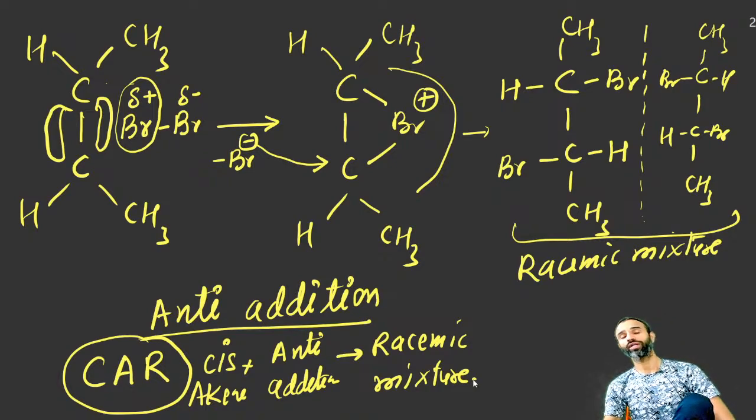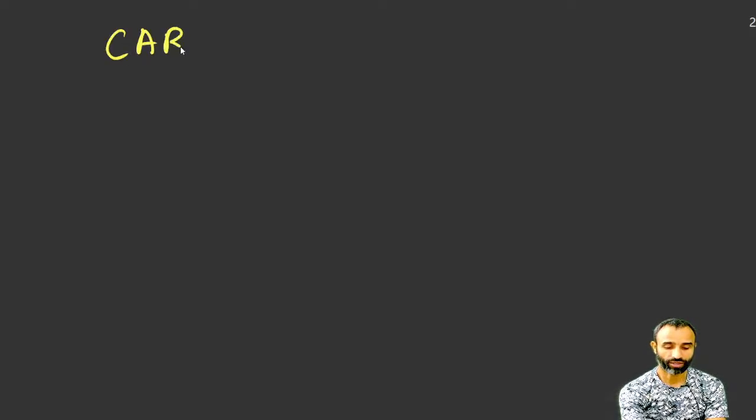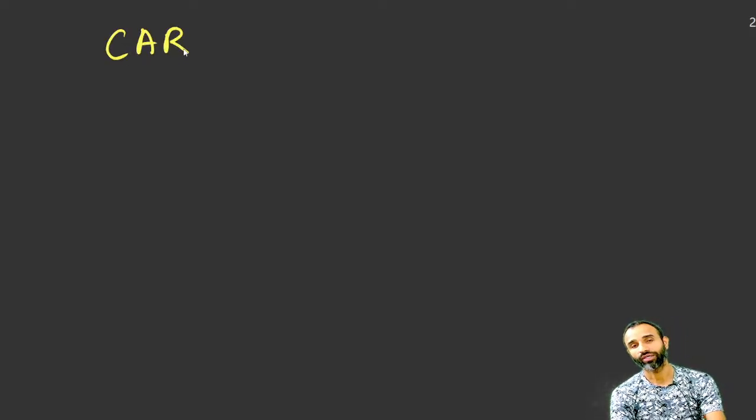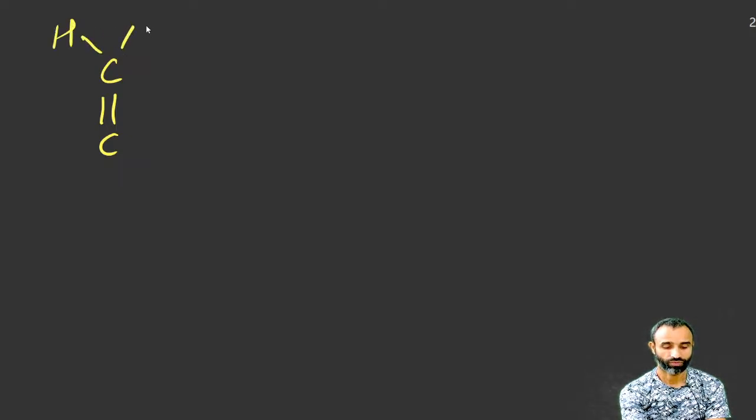What is the other one? If it is not racemic, the other one is meso. Let us say we have a trans alkene.